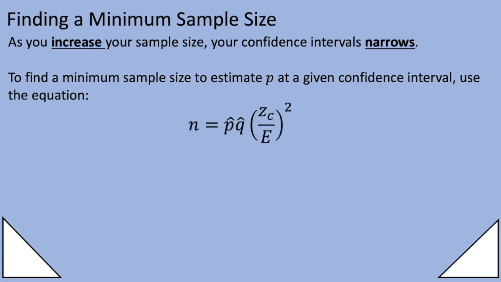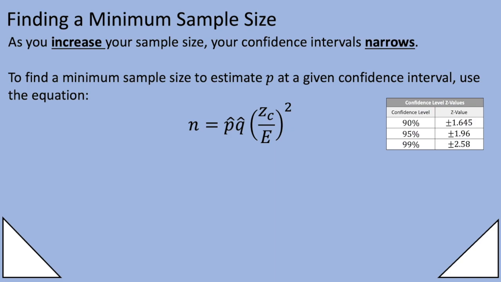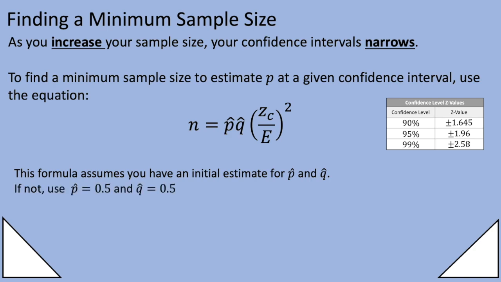N equals P hat times Q hat times Z sub C divided by E, squared. It always sounds crazy, but it's not usually that bad. Let's pull up our confidence level Z values. And this formula assumes that you have initial estimates for P hat and Q hat. If you don't, your default is going to be to use a 50-50 split. I'll show you both ways.